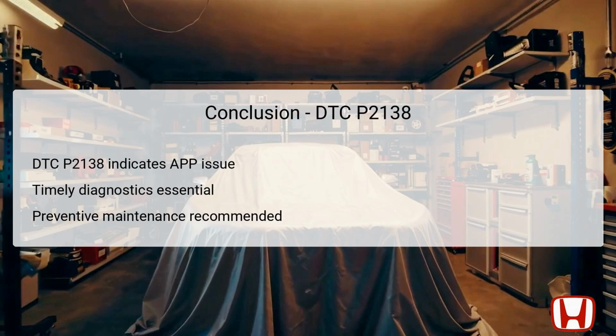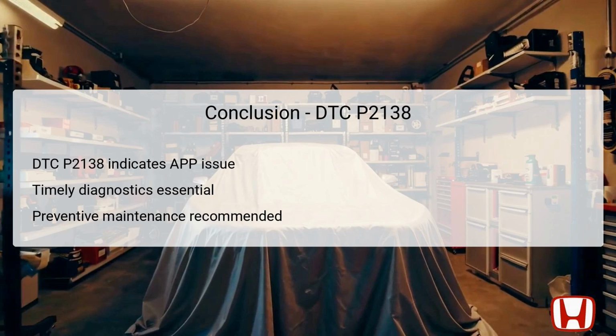In summary, the DTC P2138 signifies a critical issue concerning the accelerator pedal position sensor voltage correlation, which requires immediate and thorough diagnostics. Timely identification and resolution of this fault can prevent further complications in vehicle performance and ensure safe driving conditions.